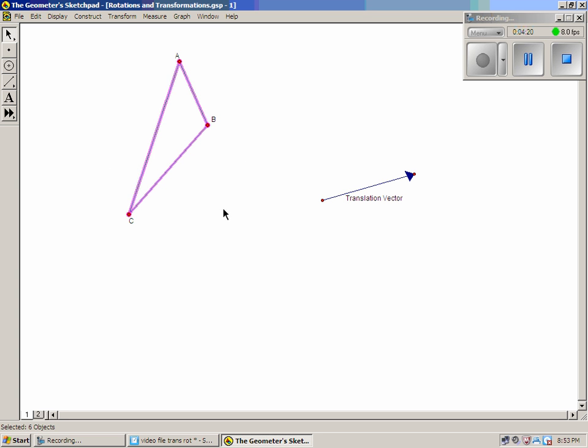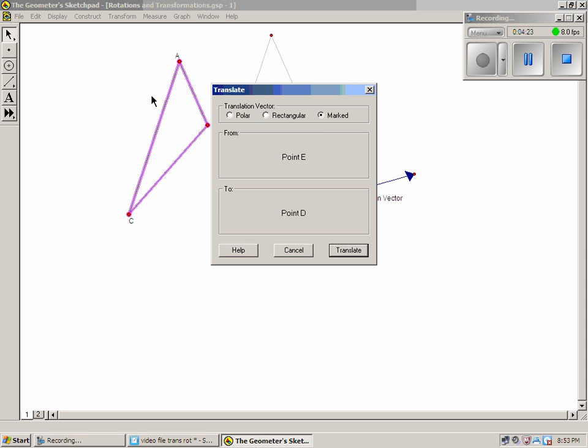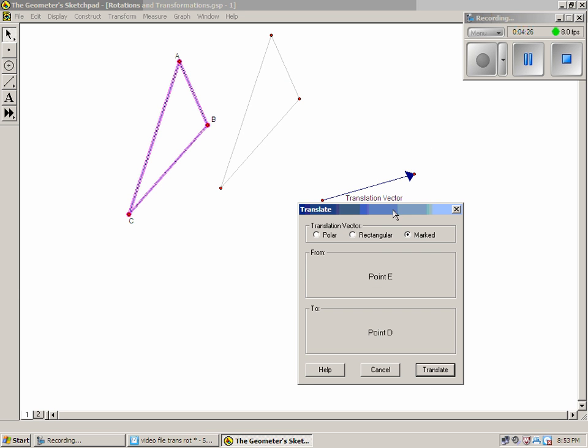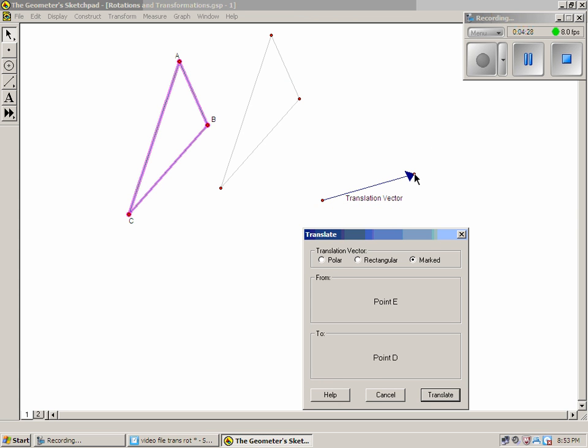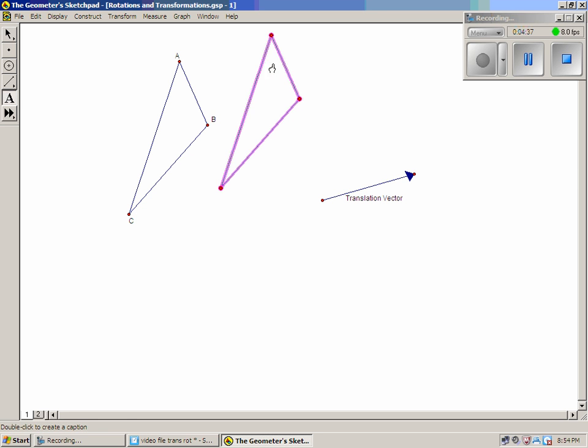And now I grab this figure and I want to translate it by the marked vector from this point to that point. Then notice I get my pre-image right there. I'm going to go ahead and translate it, and it shows up. Well, let's figure out what it named it here. Oh, look, A prime, B prime, C prime. So it did follow that notation, and we could, if we wanted to, have called this triangle CAB, and now this would be triangle C prime, A prime, B prime.